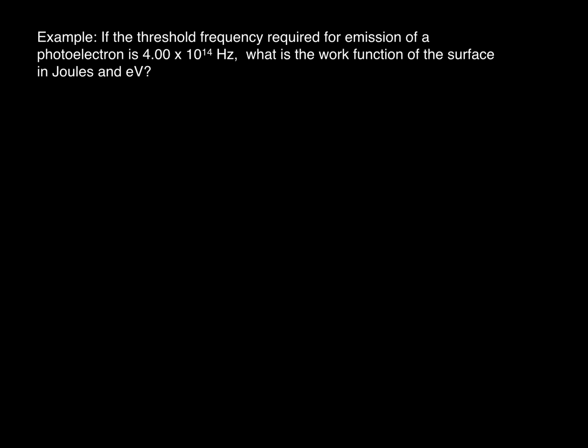If the threshold frequency required for the emission of a photoelectron is 4 times 10 to the 14 hertz, what is the work function of the surface in joules and electron volts? In this example, we're given the threshold frequency of 4 times 10 to the 14 hertz.